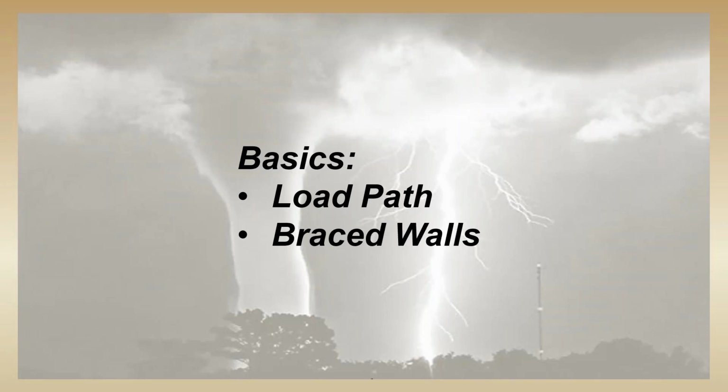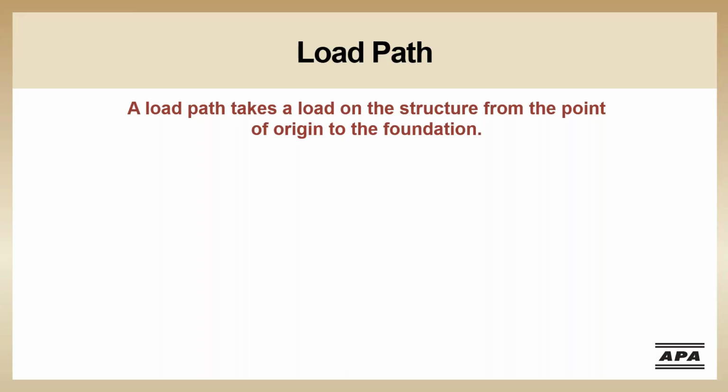It will be helpful to understand some basic concepts before we discuss our main topic. We'll start by defining load paths and understanding how braced walls work. When an engineer designs a structure, they look at all the loads that are applied to that structure and then create what we call a load path for each of those loads. There are two kinds of load paths, vertical and lateral.